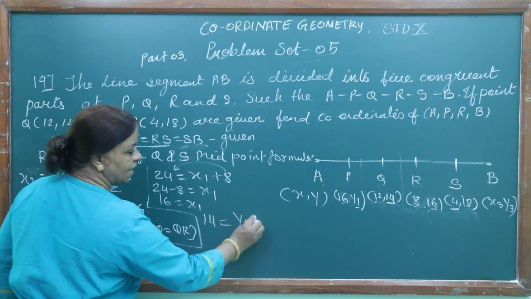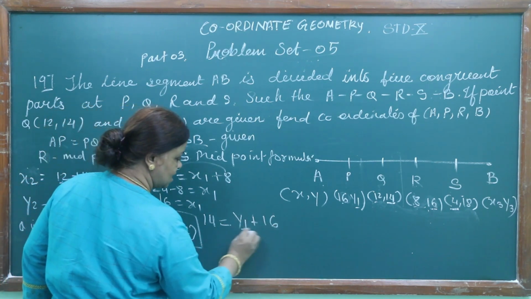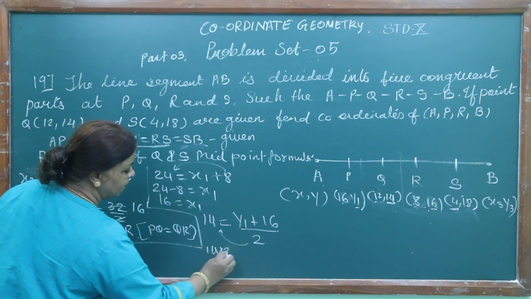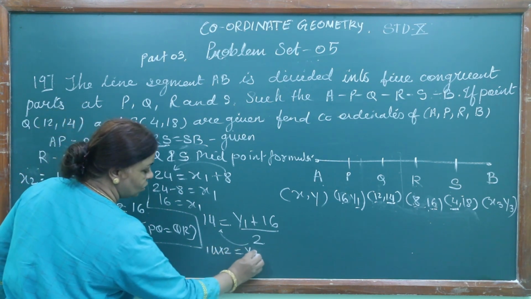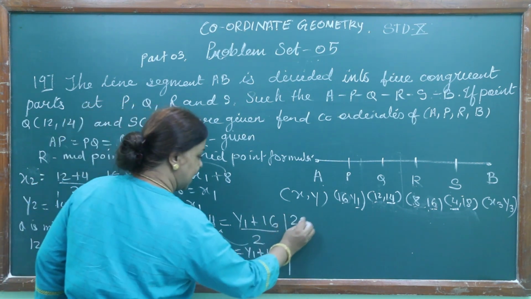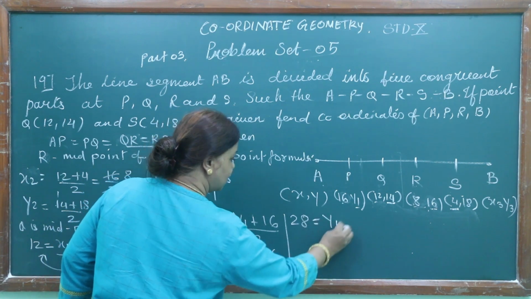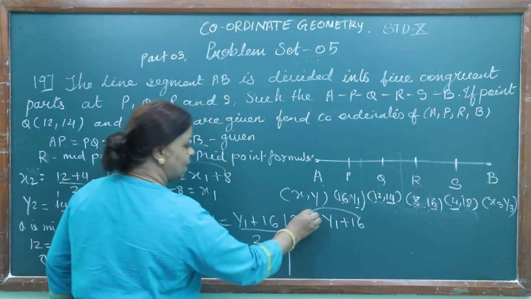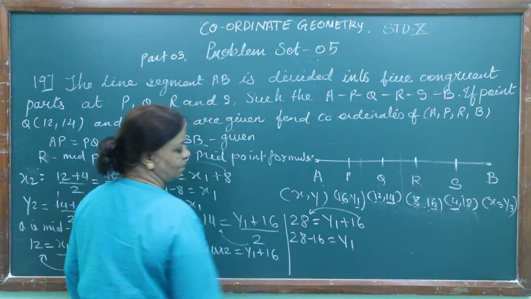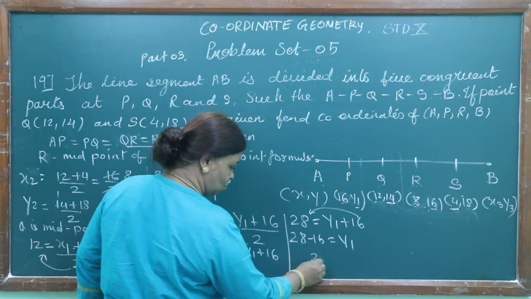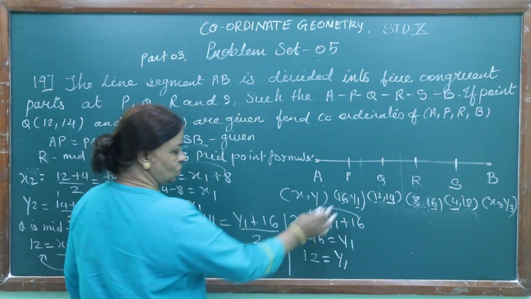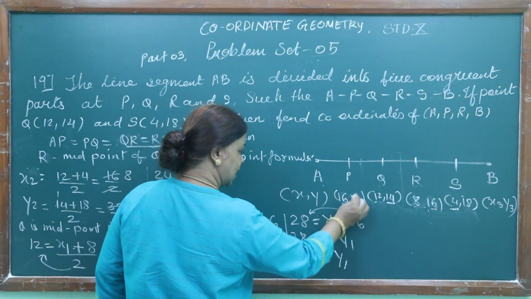So that would be y1 plus 16 upon 2. 2 will go up. 14 twos are 28, which is equal to y1 plus 16. 16 will come here. 28 minus 16 is equal to y1, so y1 is 12. So we got the y coordinate of P, that is 12.